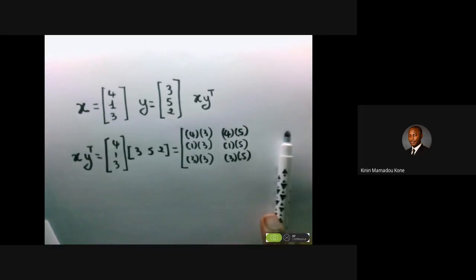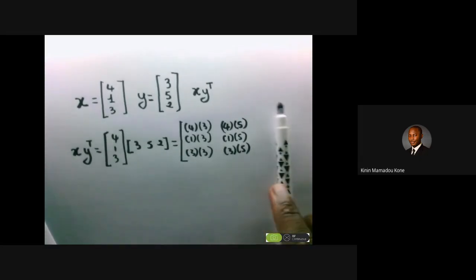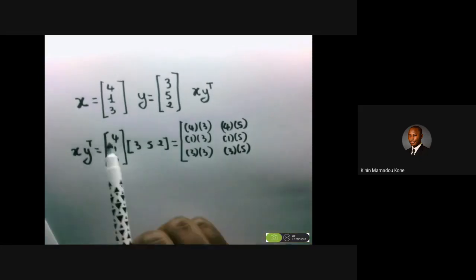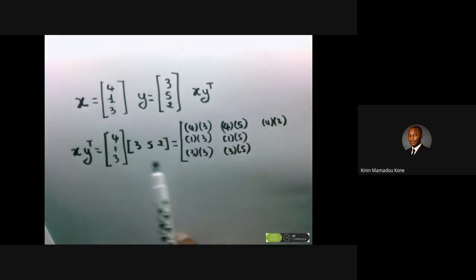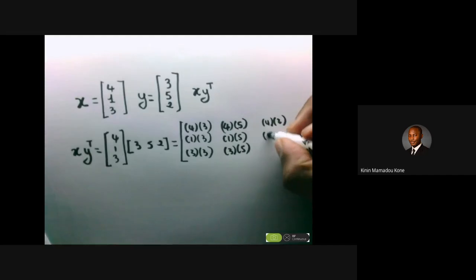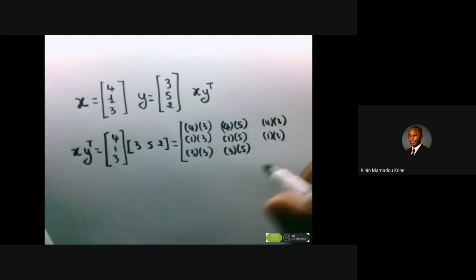So now we are using this space that represents the next column, and we're going to do row times column. 4 times 2, then 1 times 2, and finally 3 multiplied by 2.